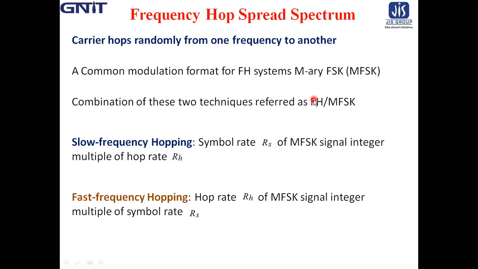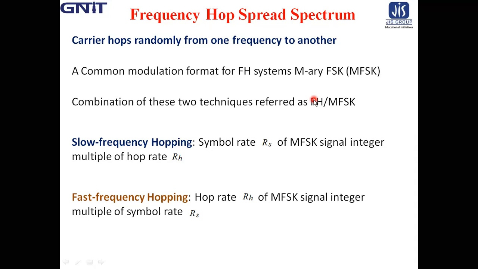The alternative method is to force the jammer to cover a wider spectrum by randomly hopping the data modulated carrier from one frequency to another. In effect, the spectrum of the transmitted signal is spread sequentially rather than instantaneously.